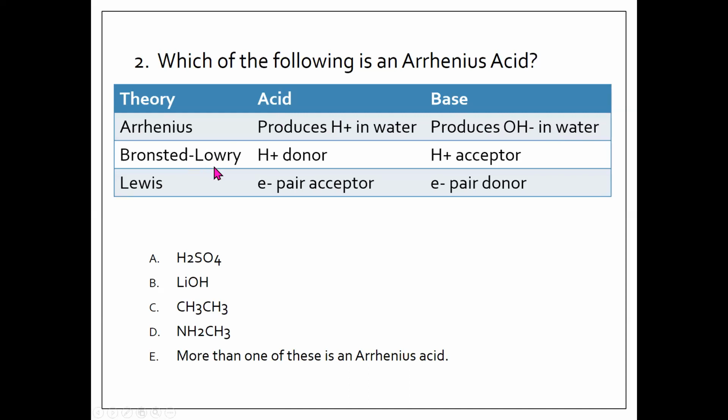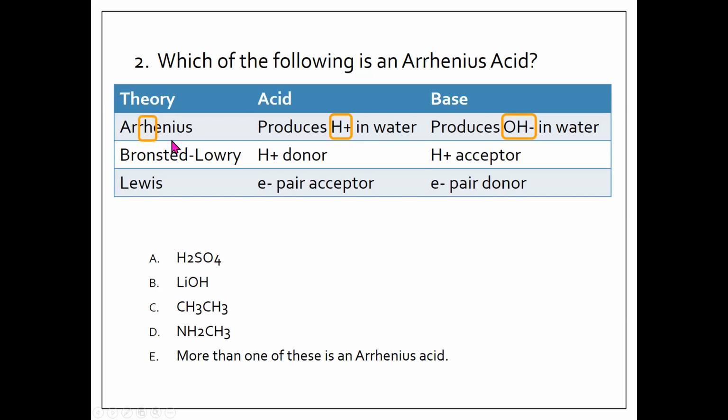And in the Bronsted-Lowry definition, we have a proton donor and a proton acceptor. We had to use this definition to account for how ammonia works, making ammonium hydroxide as we transfer the proton. And then the Lewis definition, we're going to talk more about when we look at transition metals.